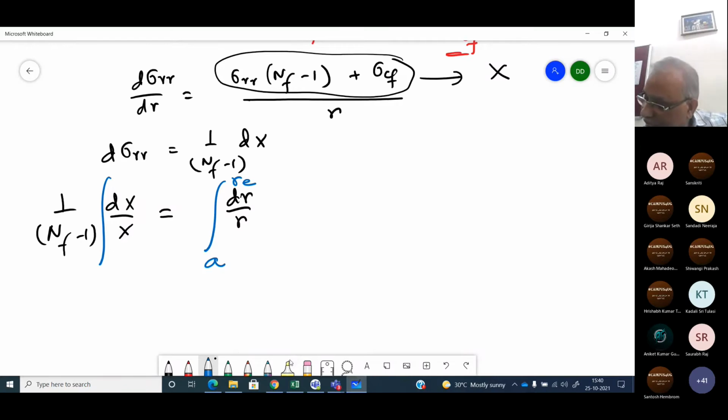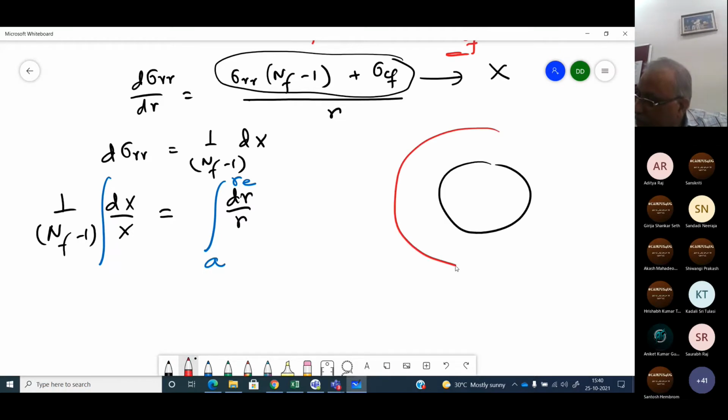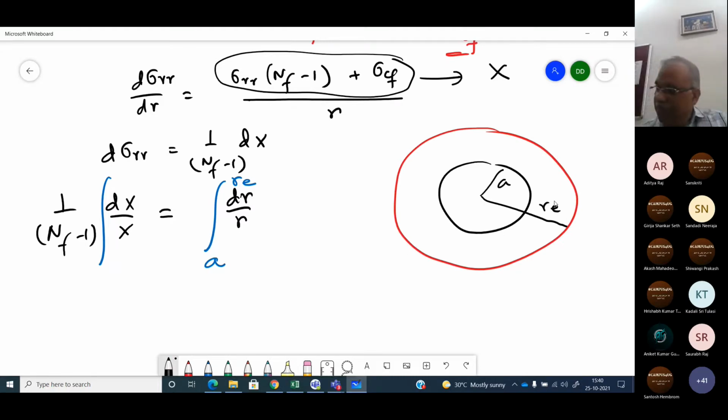let me draw it here again, otherwise I have to go back and forth. So I'm drawing it again, same thing. This is A and this is RE. Now let's say at A, we have applied that Pi. So we have Pi, which is sigma RR.